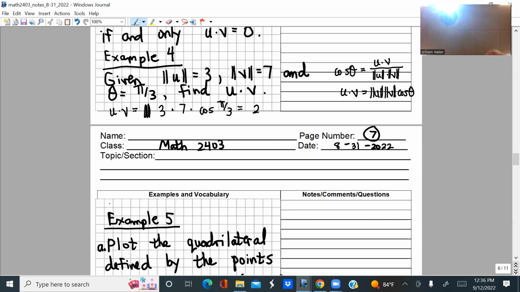So if we can just remember the cosine of pi over 3, then we know the dot product. What is the cosine of pi over 3? 1/2, yeah. So we get for our dot product 21 halves. Pi over 3 is 60 degrees, and the cosine of 60 degrees is 1/2.